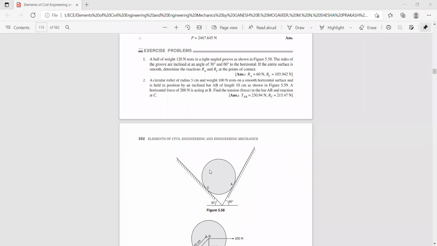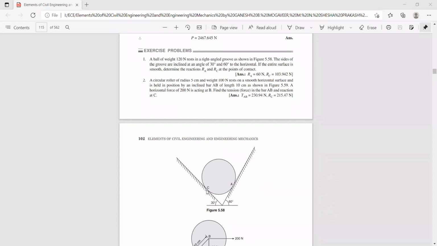Now you apply sigma f of y is equal to 0. Sigma f of y is equal to 0. So RC sine 60 plus RA sine 30 minus 120 is equal to 0. You call this equation 2.